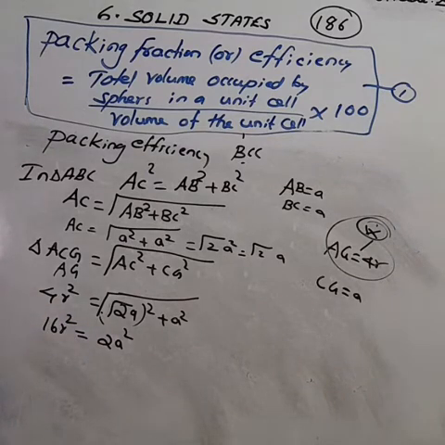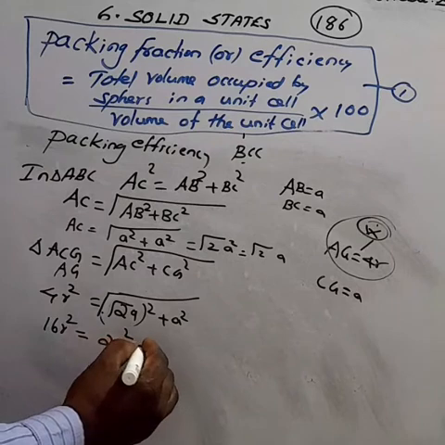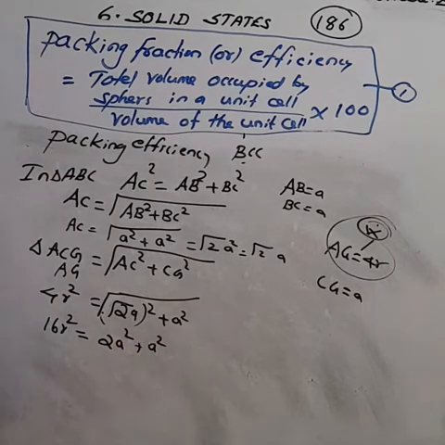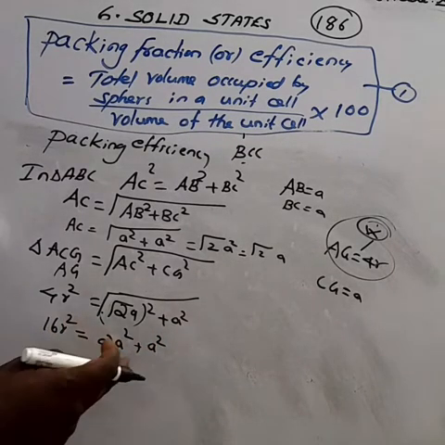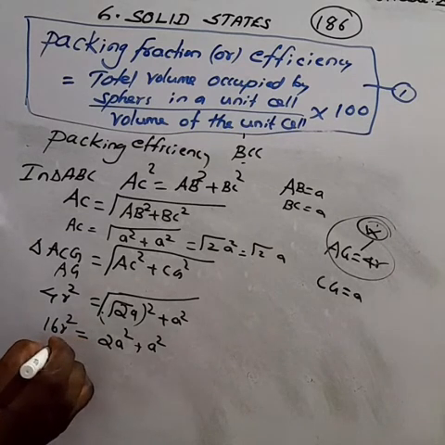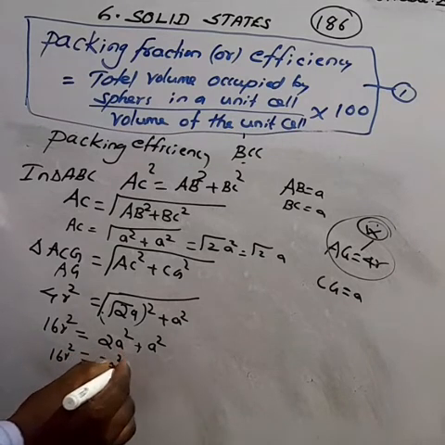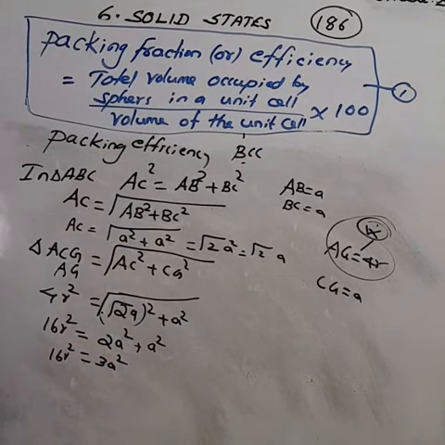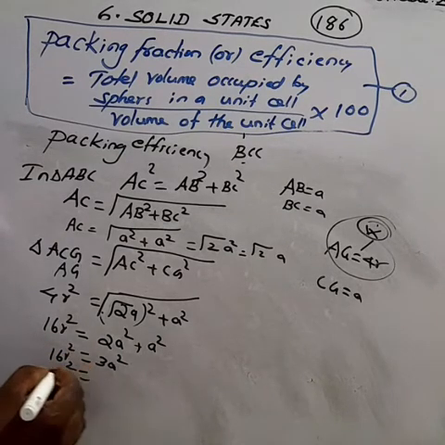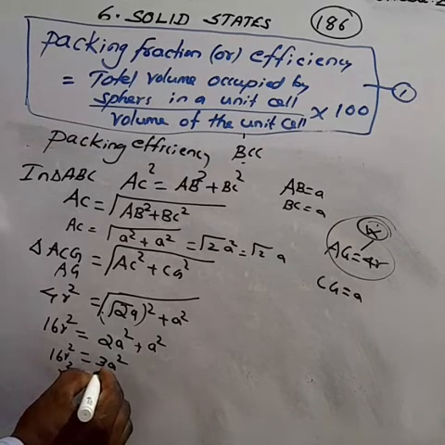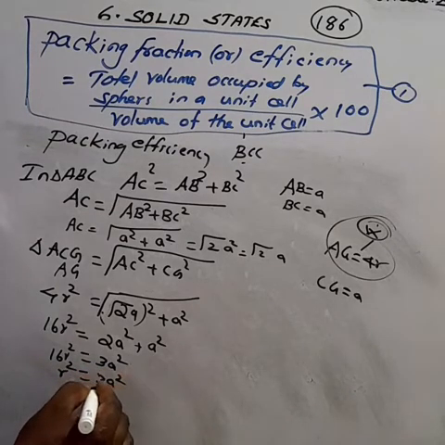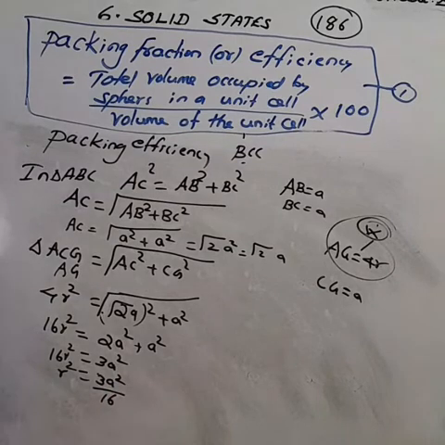So 2a square plus a square, that is 2 plus 1, means 3a square. 16R square is equal to 3a square. Here R square is equal to 3a square divided by 16.